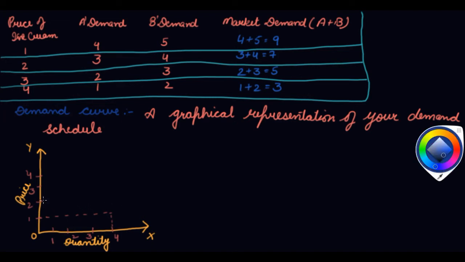At price 2, A demands 3 quantities. At price 3, A demands 2 quantities. And at price 4, A demands 1 quantity. So these are the points that we got.